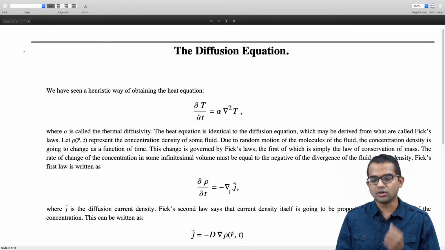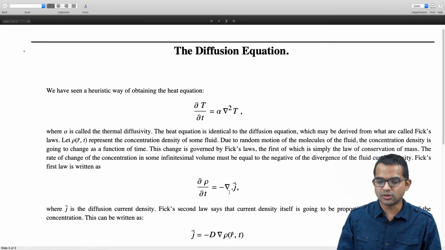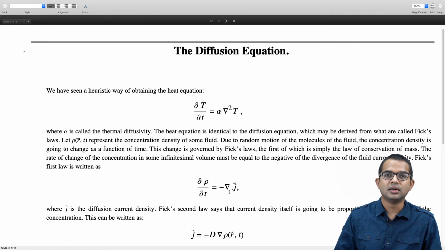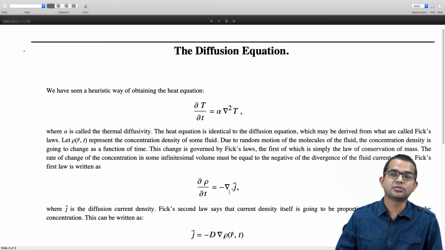And Fick's second law says, so this is sort of like the assumption we made in our heuristic discussion while deriving the heat equation, which is that there's this tendency to destroy curvature, and we just took the rate of change to be proportional to del squared T.